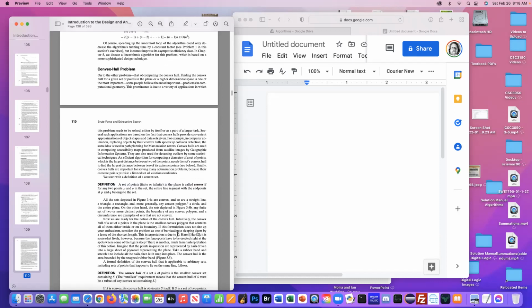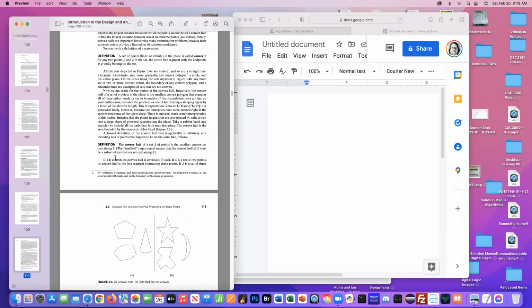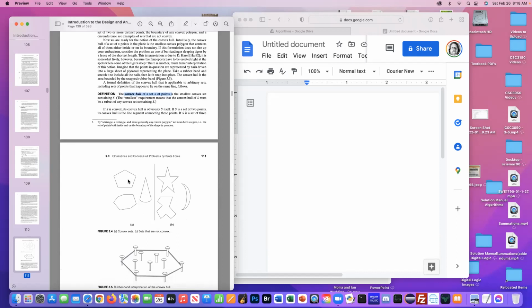Okay, so we also define a convex hull then down here as the set of S points in the smallest convex set containing S. Okay, the smallest here means that the convex hull of S must be a subset of any convex set containing S. Okay, so if we look here, we see that this section are all going to be convex sets, right?